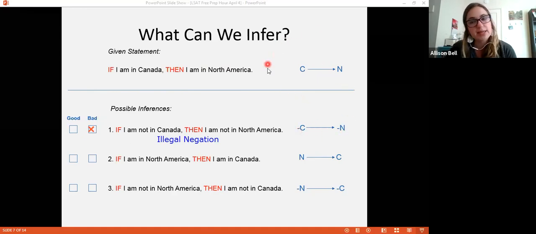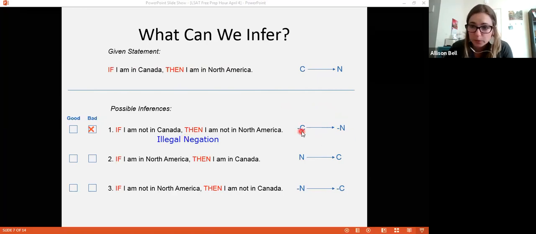This is a mistake that the LSAT wants you to make sometimes. They will give you a conditional statement, and then they will invite you to make the mistake of thinking the negation is true. This is also a mistake that people make when they're creating arguments sometimes. They will say, okay, if this is true, then the negation of it must also be true.